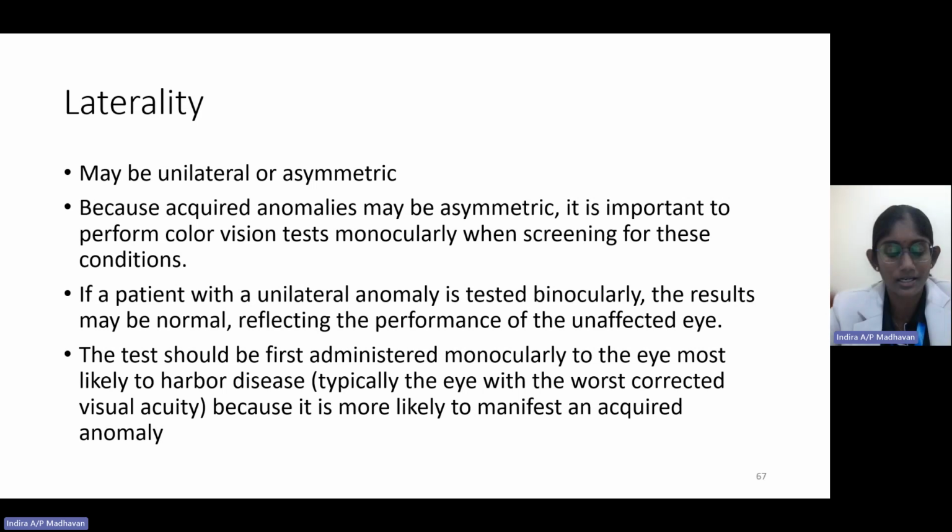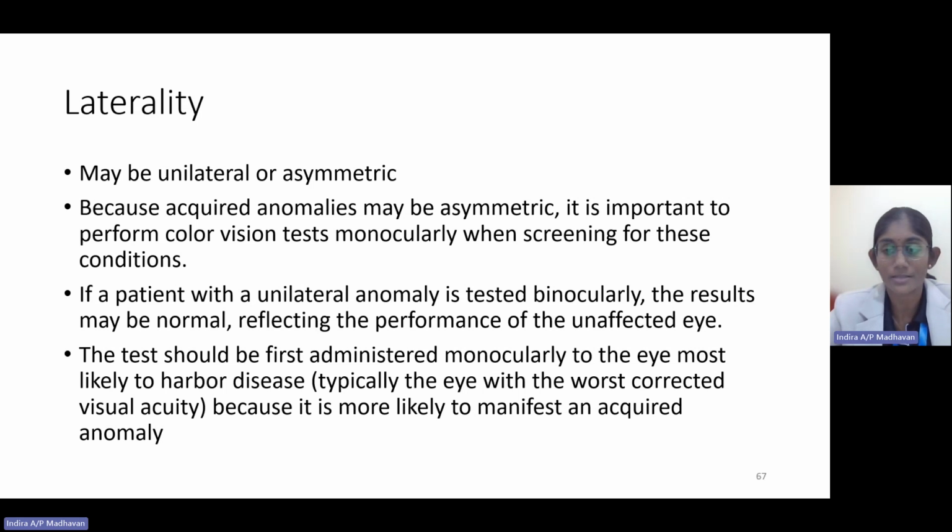Or they say that when they name colors, people start commenting that it is wrong or right, sometimes wrong, sometimes right. If a patient comes in with that kind of complaint, you have to do a color vision test. Any color vision test that you have in your practice, you have to do it monocularly.